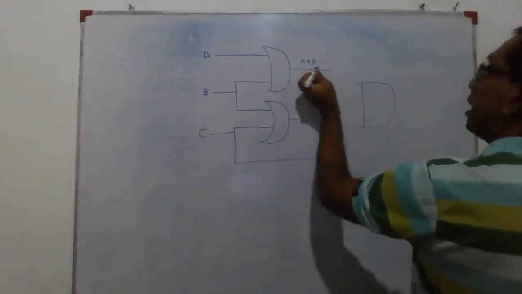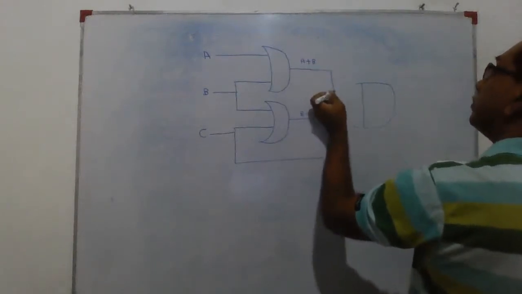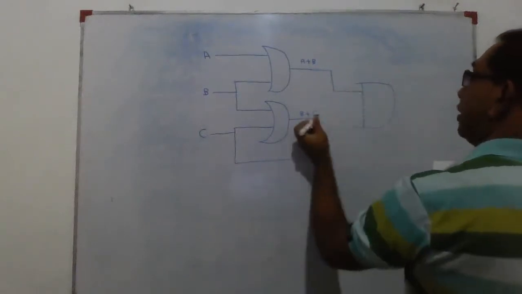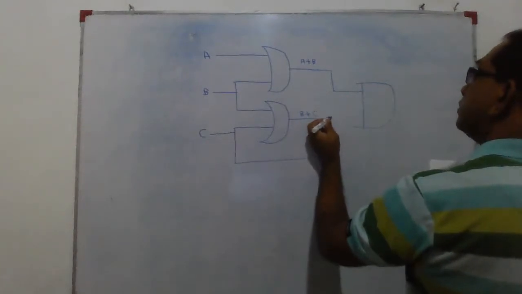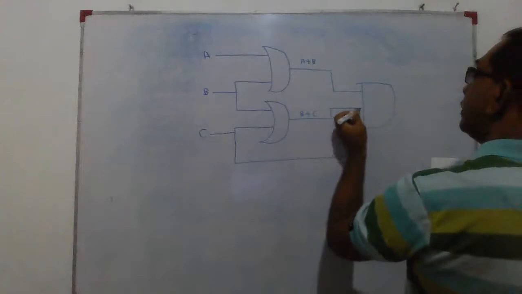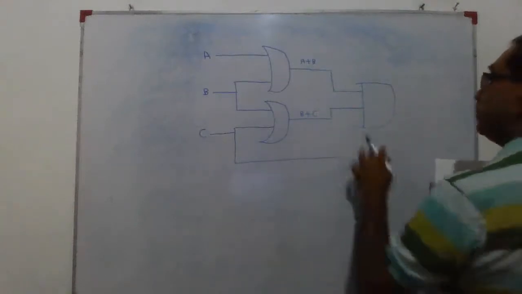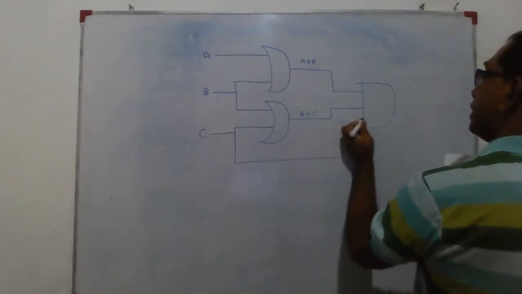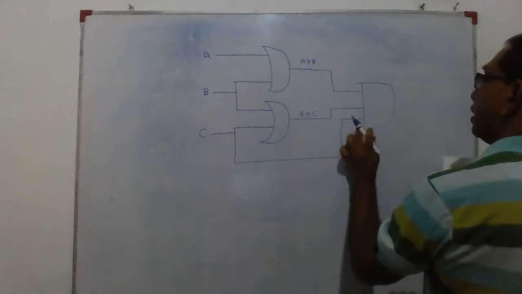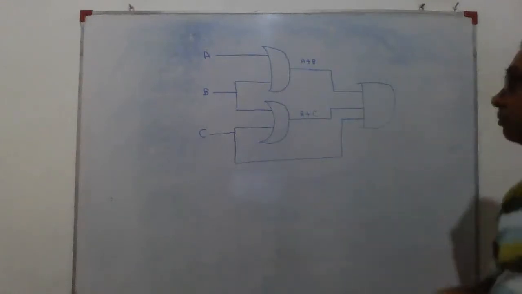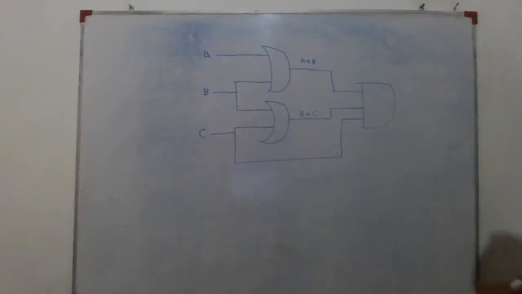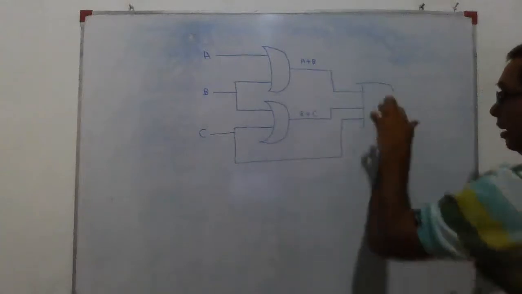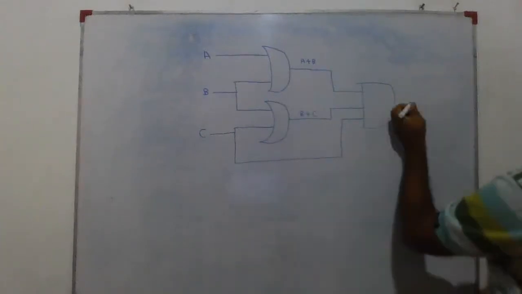So this time A or B, and we have B or C, as well as we have C. All three combinations are moved to the AND gate here. So what is the outcome? We can write the outcome now.